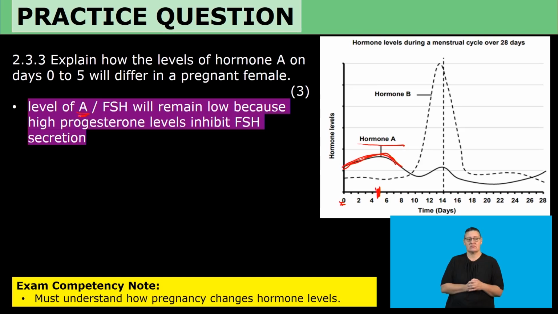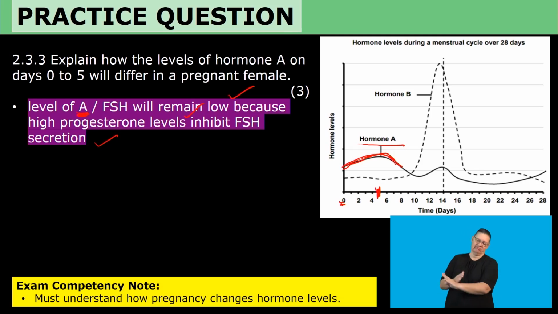So level of A, which is now FSH. You can say A, or you can even say what it is. That is why there's a slash here. It will remain low because high progesterone levels inhibit FSH secretion. You are telling us that the secretion of this hormone A will be inhibited by high levels of progesterone.